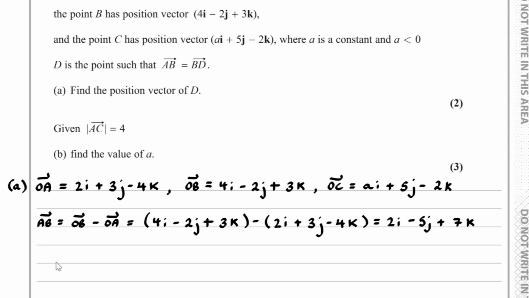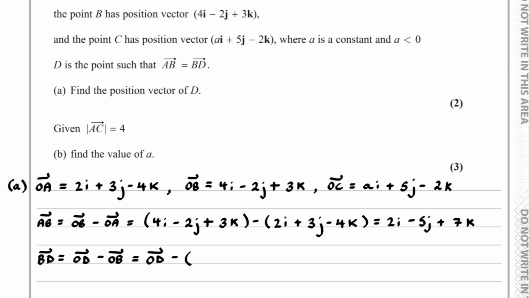And the vector BD, that will equal the vector OD subtract the vector OB. So I've got the vector OD subtract the vector OB.